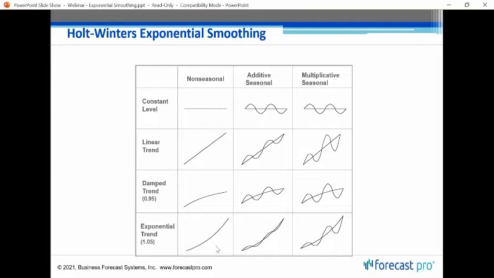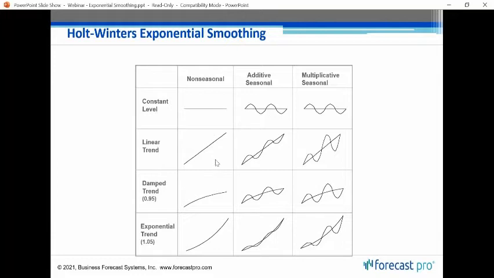If you're forecasting that something is growing exponentially, the forecast can really explode, okay? They can really take on extreme values going forward. And you want to make sure that if you use an exponential trend model, that it's truly appropriate. Forecast Pro is not going to automatically build an exponential trend model, but you can explicitly ask it to do so. So we've got 4 different ways we can forecast a trend.